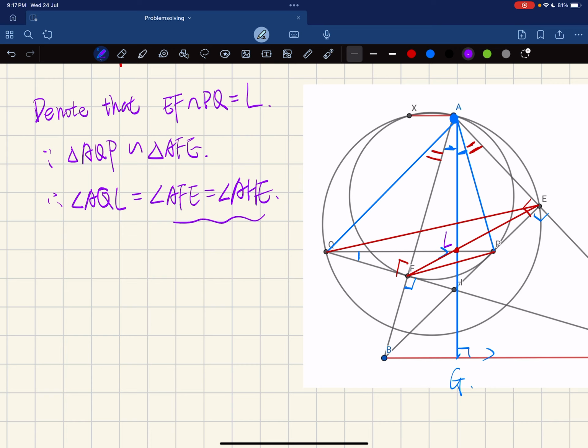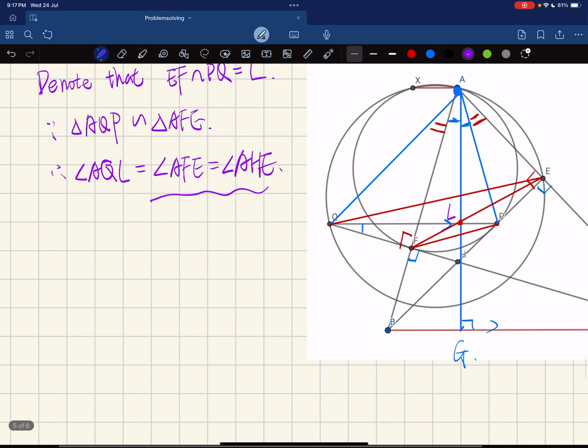Thus, these are equal because A, E, H, F are cyclic. Plus the angle bisector, the angle QAL equals angle HAE.